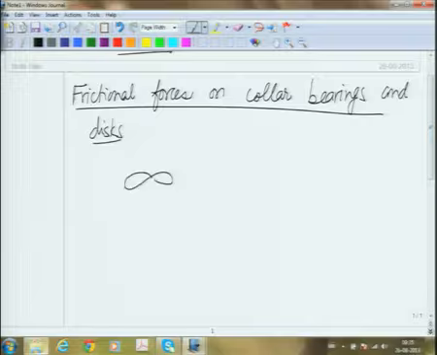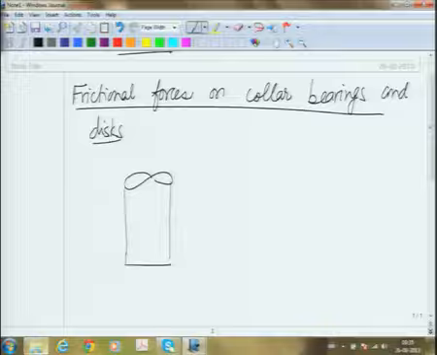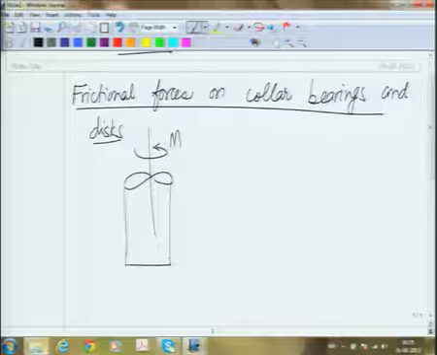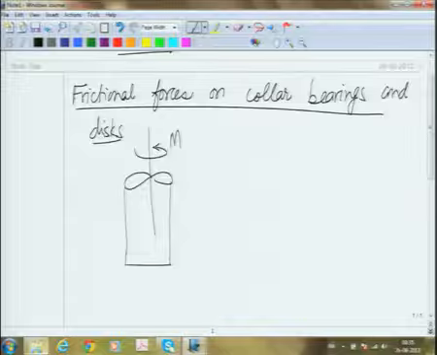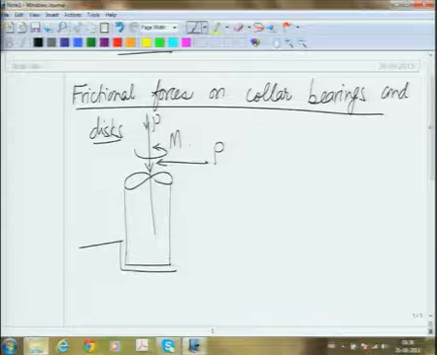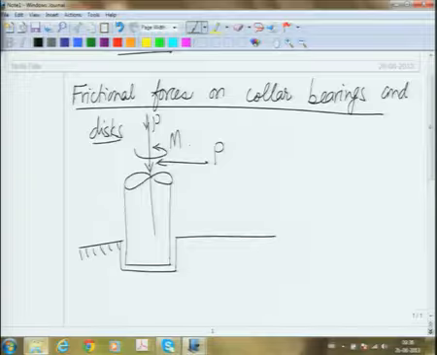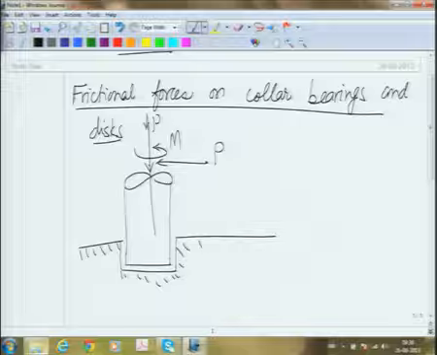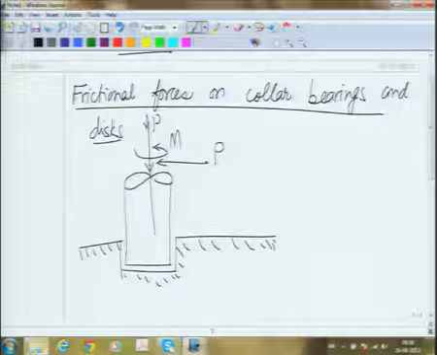We have a circular rod which is rotating, or there is a tendency you want it to rotate. An axial force P is applied on the rod, and this rod, let us say, is in contact with the ground.